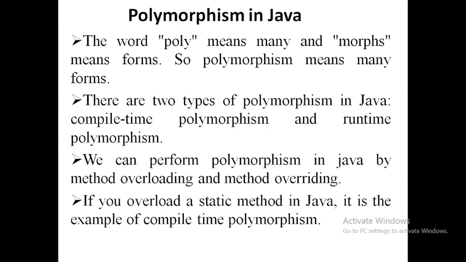If you overload a static method in Java, it is an example of compile time polymorphism. So compile time polymorphism is method overloading, and method overriding is runtime polymorphism.